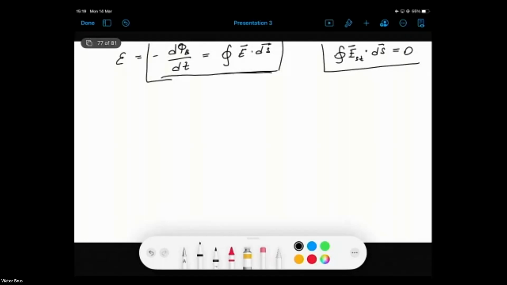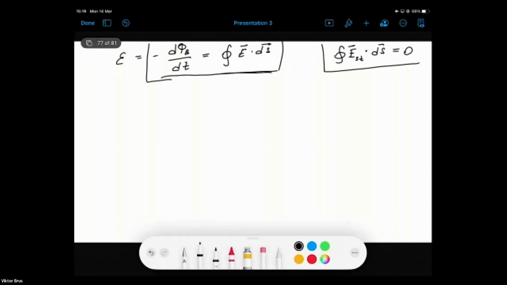It's actually equal to minus the first derivative of magnetic field flux over time. So it's a non-conservative field, and this is the key difference between induced and electrostatic electric fields. You should definitely remember and understand this difference between these types of electric fields.